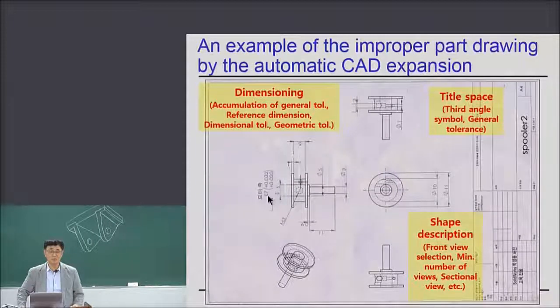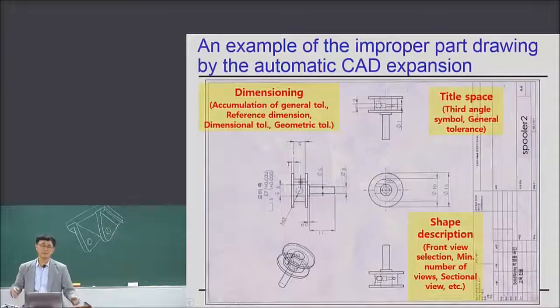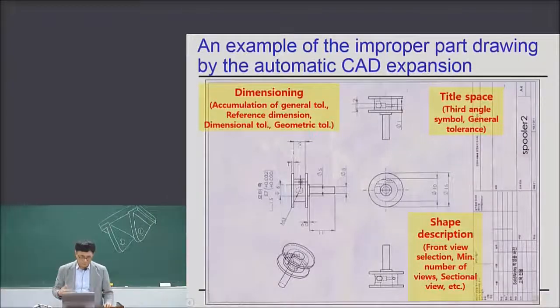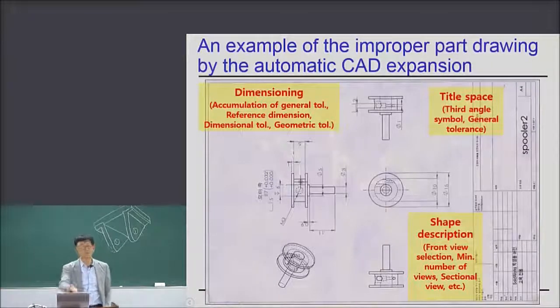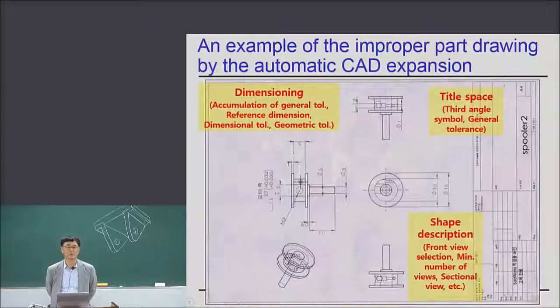I don't understand the dimensional tolerance of E7. Maybe I don't remember that. Since I have so much experience in industry, but I have never seen any E7 dimensional tolerance.